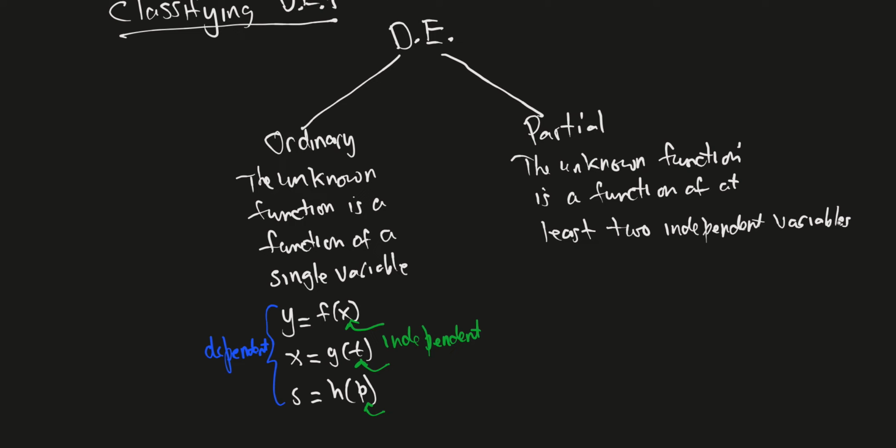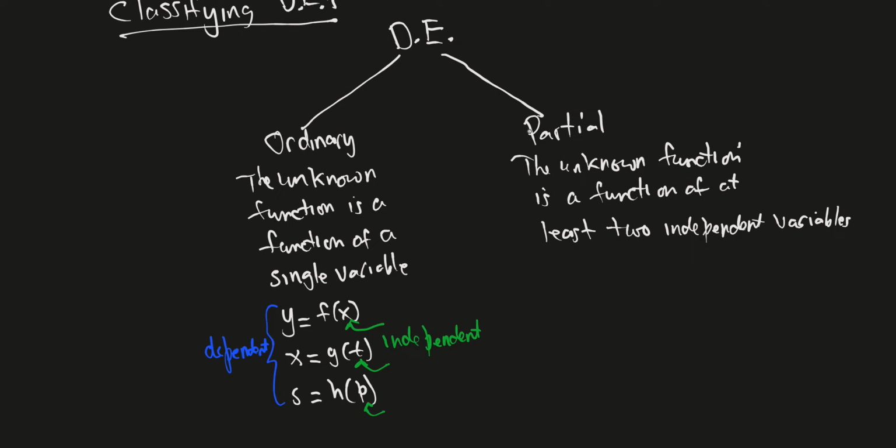Right? And for those of you who have taken multivariable calculus, you know about partial derivatives and all the different notations and what those functions look like. So again, this is not something that we're going to talk about in this course, but it has to be mentioned in the context of how you classify them, right?